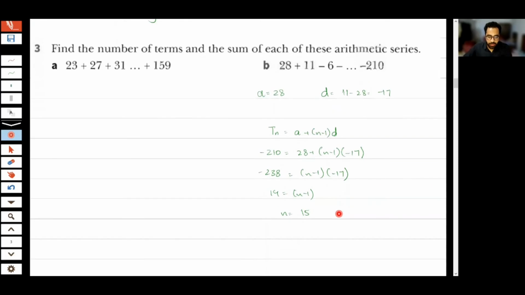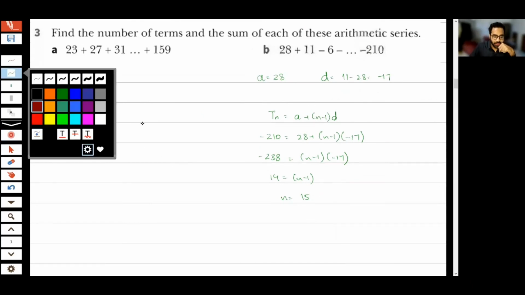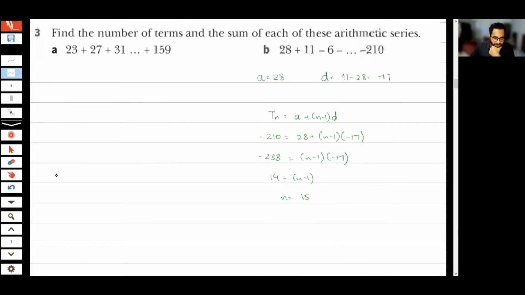अब मैं sum निकाल सकता हूँ आराम से. ठीक है, अब मुझे निकालना है sum of the first 15 terms. पहली 15 ही terms हैं सीरीज में, तो S15 निकालना है. I know the last term and I know the first term as well, so I make use of the formula n/2 (a plus l). ठीक है, तो मेरे पास n की वैल्यू हो जाएगी 15 because I have to find the sum of 15 terms.